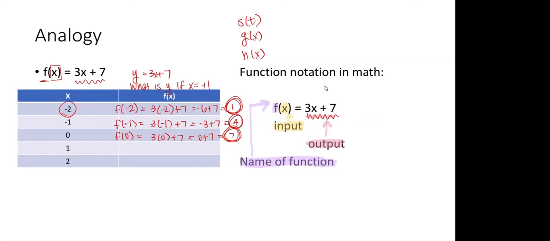But with function notation, I could just straight up ask you what is f of 1. And then we could just do that calculation. 3 times 1 plus 7, that's 3 plus 7, which is 10. So function notation simplifies how solving these questions are introduced.